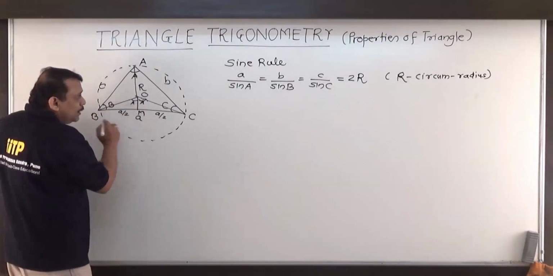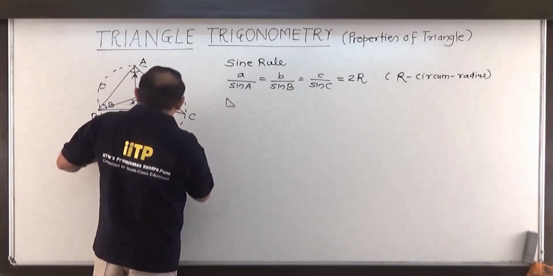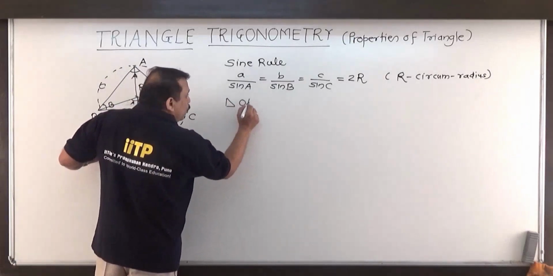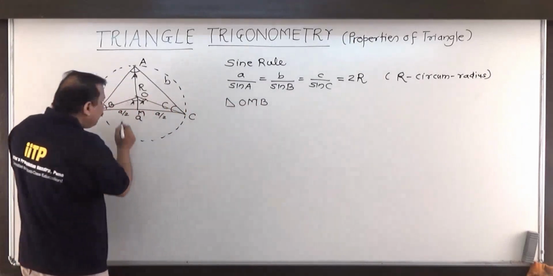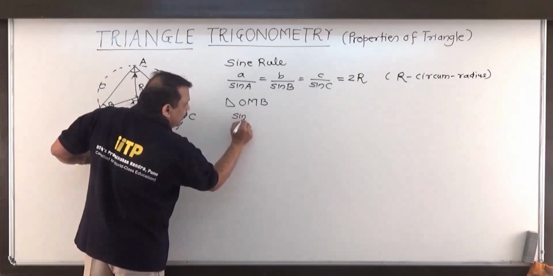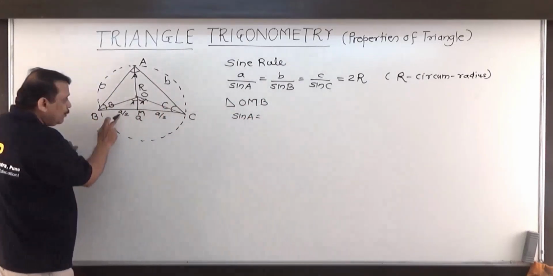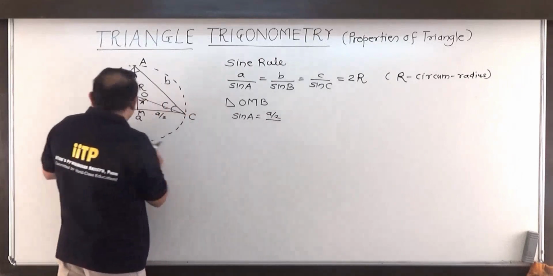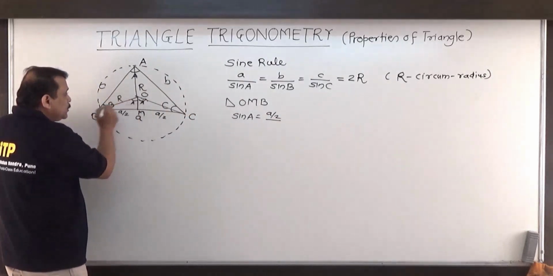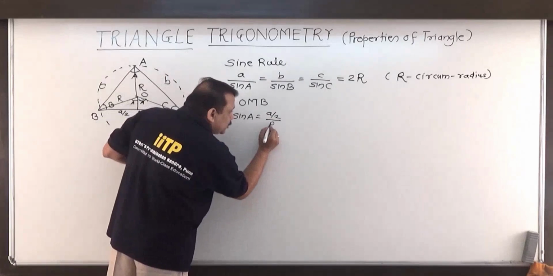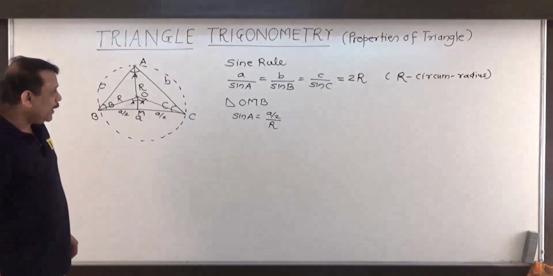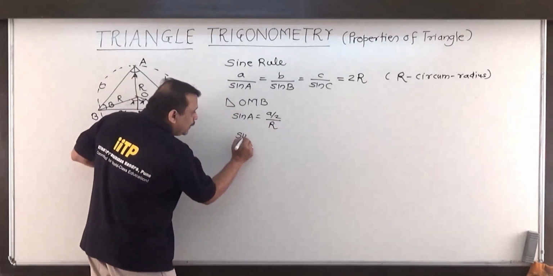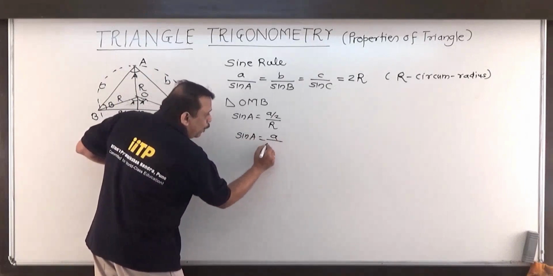Now in this right angle triangle OMB, if I find sine A, I get sine A is equal to the opposite side, that is a by 2, divided by the distance OB, which is the radius of the circle. So very clearly, sine A is a upon 2R.